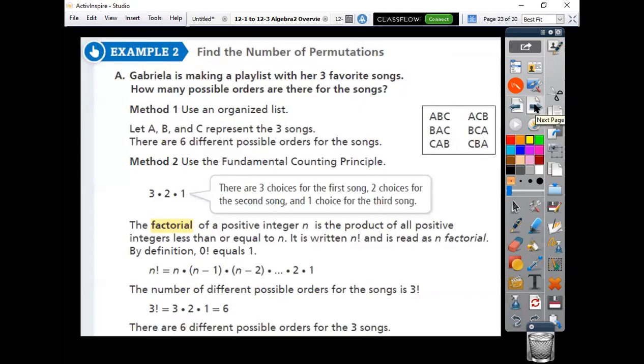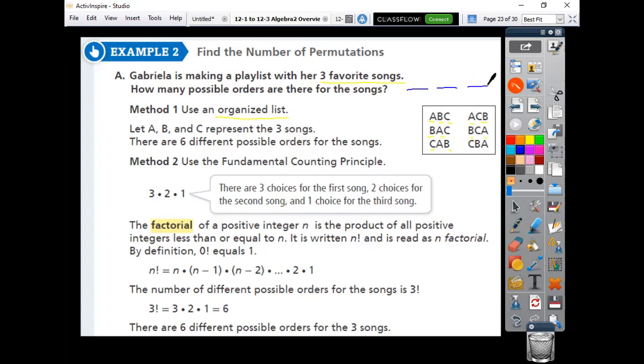All right, so Gabriella, 3 songs. And then she has an organized list, like she wants them in a specific order. How many ways could she do that? So sometimes you'll see it over here where they have, if it's in order, they'll use this chart here.